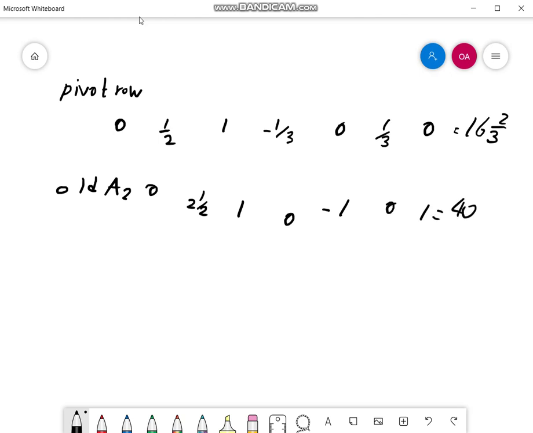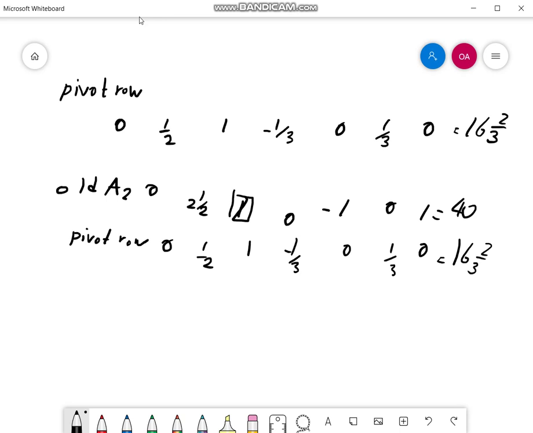And just put the pivot row as it is, because I want to get rid of 1 and I don't need to multiply it by any number so far. So 0, half, 1, minus 1 over 3, 0, 1 over 3, 0, which is equal to 16 and 2 over 3.